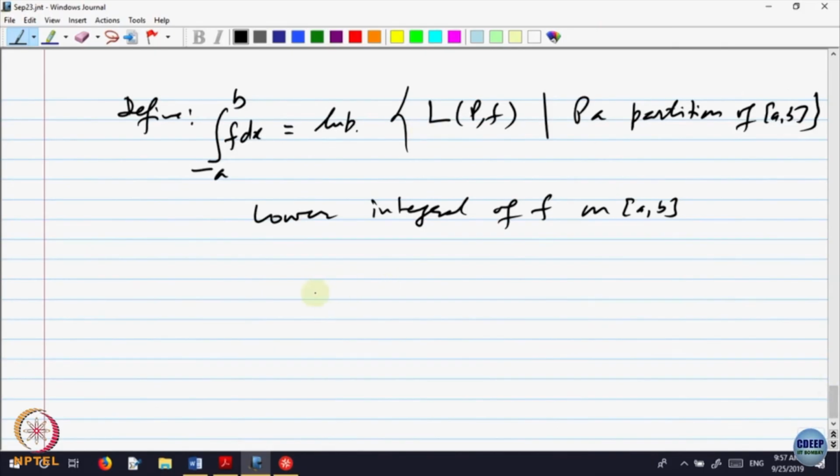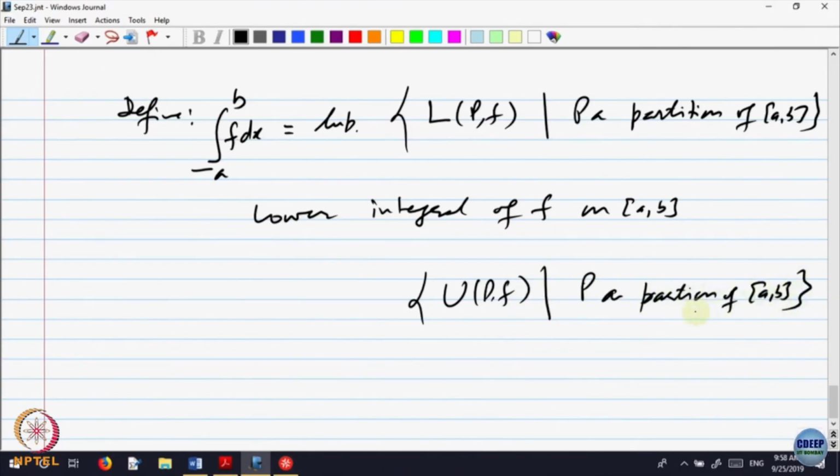And similarly you can look at upper sums for P a partition, and they decrease, right? They decrease and the set is bounded below.